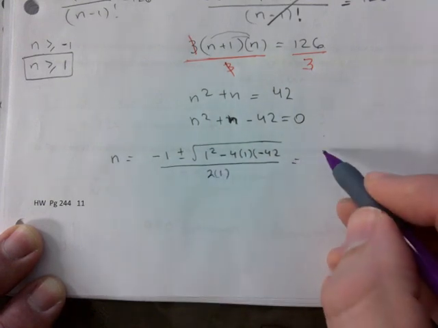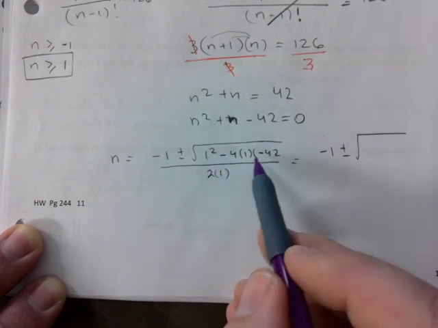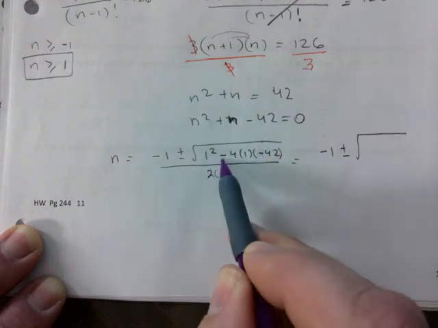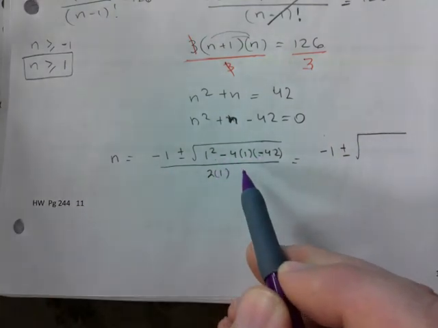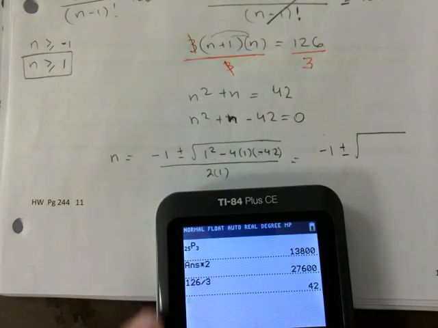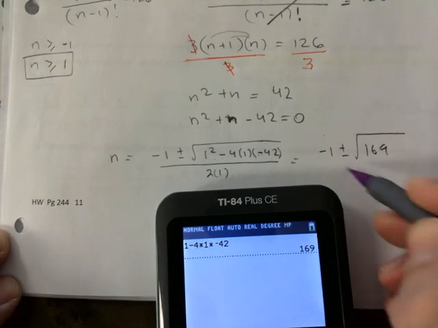Okay. That would be negative 1 plus or minus, and these two negatives here will turn into a positive, right? So let me just figure out what that is in the root there. 1 minus 4 times 1 times negative 42. That's 169 there, over 2.